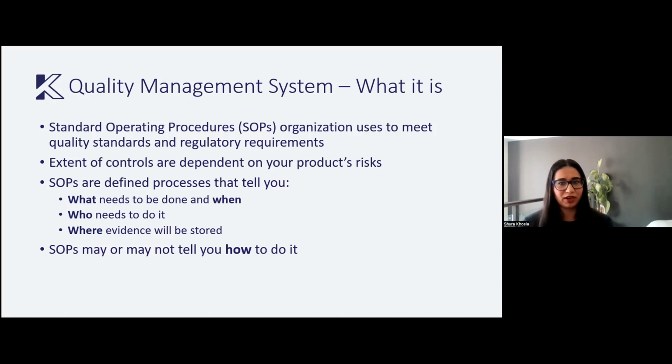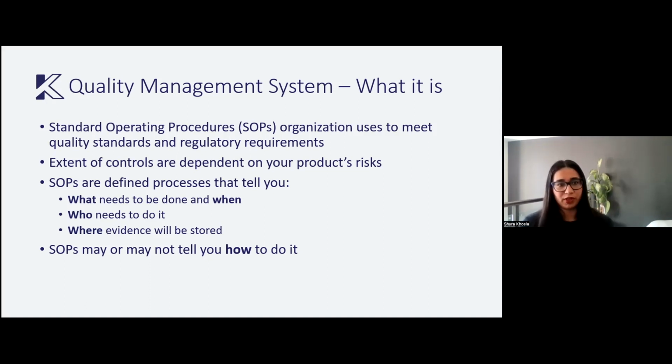And that's where each company comes into play in determining the extent of controls that you need for your specific product's risk. So a pacemaker should have more controls than a Band-Aid or a syringe. It's important to define and document what those controls are and the extent of them, and that falls into your QMS.